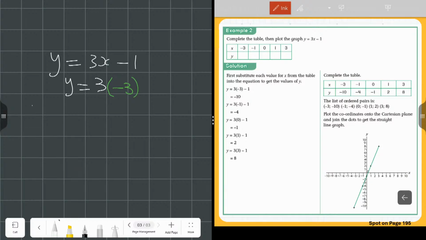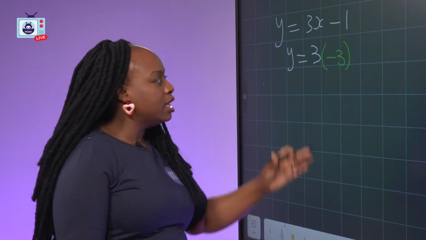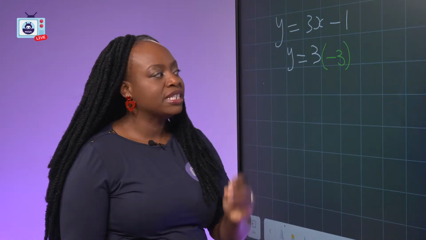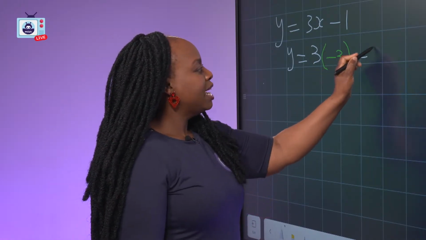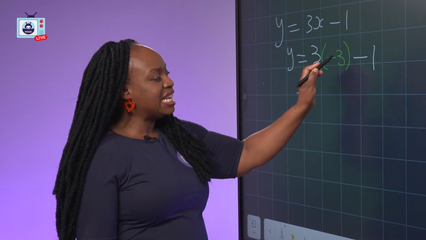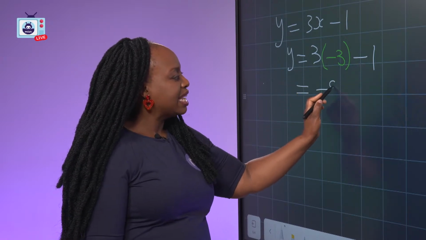I prefer that you use a bracket because that will help you if there's a negative, so that you don't confuse it and say 3 minus 3, right? So put a bracket because a bracket represents multiplication. And then we minus the 1 there, and then 3 multiplied by -3 will give us -9.